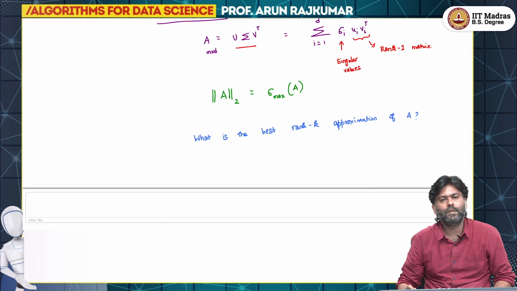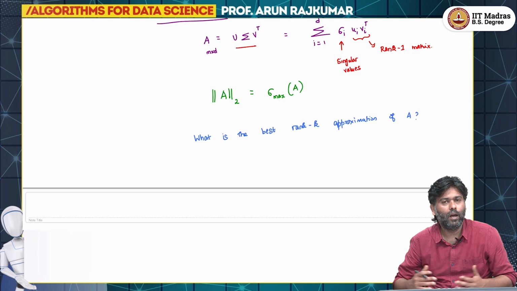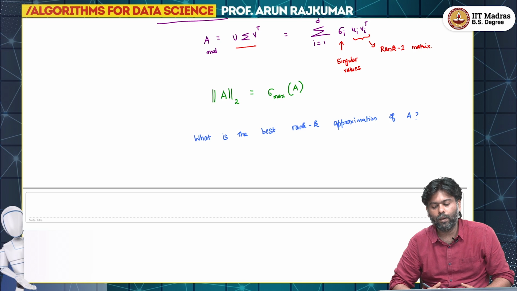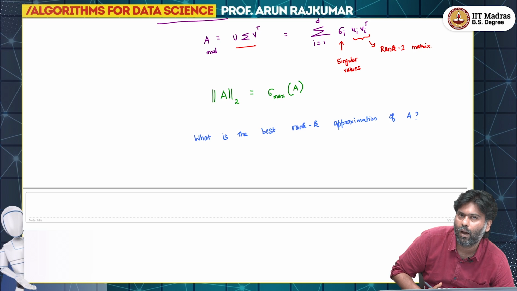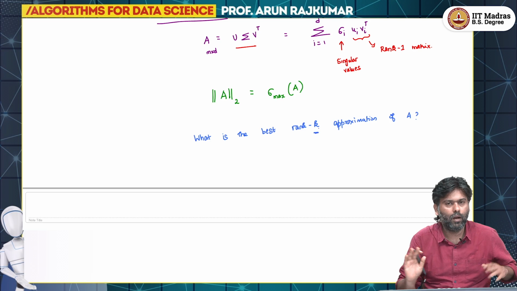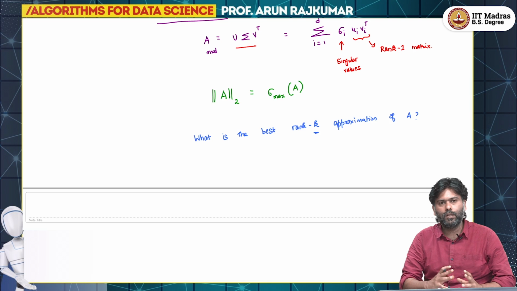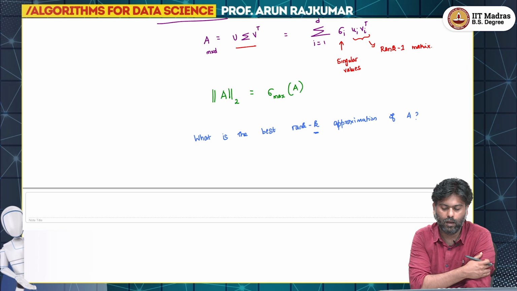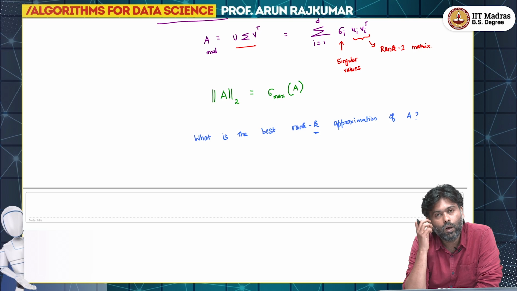The setup is the following: you are given this matrix A, which is M cross D, which is potentially rank D, and D might be large. Now I am asking the question that, if I want a low rank approximation for A, where the low rank that I am allowing is only up to K, then what is the best low rank K approximation of A?